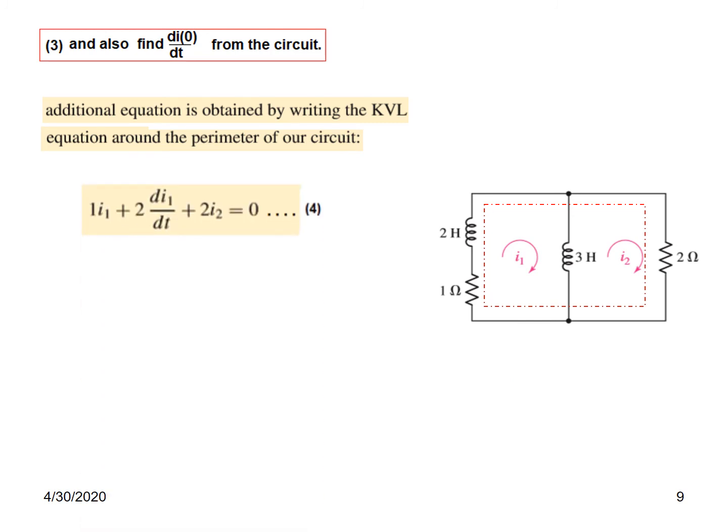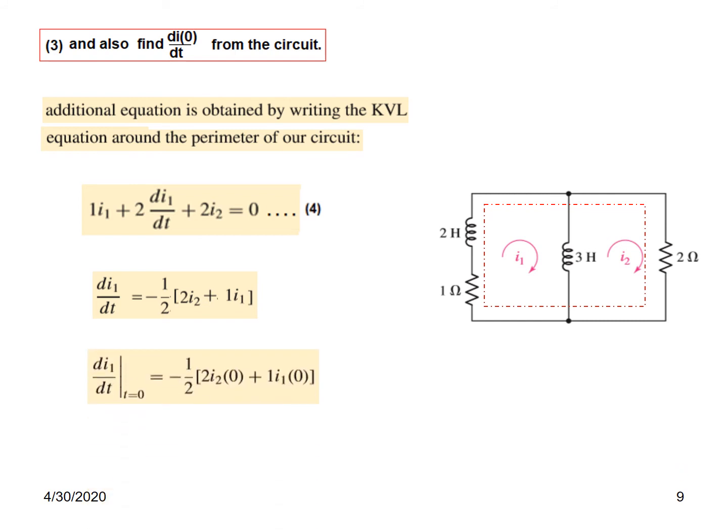And from the outer loop, we can write 1 into I1 plus 2 di/dt. Now we are in time domain, remember, and plus 2 I2. So this is our equation from the circuit, and from here we can find di/dt to be as shown here. Just take both of these to the right hand side, and now put t equal to 0.